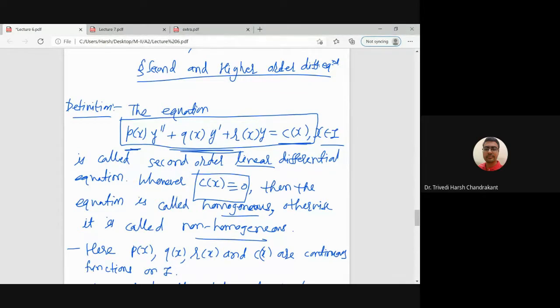So whenever this p(x) function is non-zero everywhere over this interval I, we can divide the equation by p(x), and we can make the coefficient of y double dash to be 1. Right, so let us start with that.